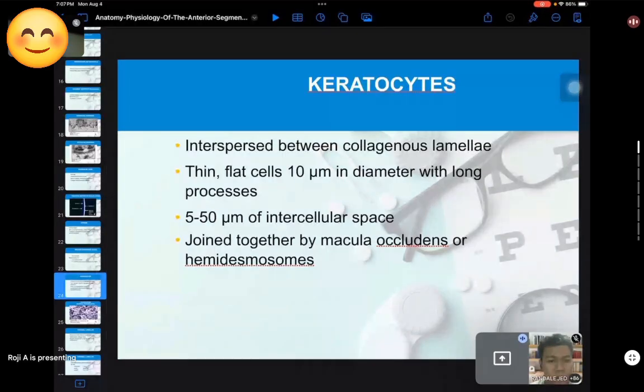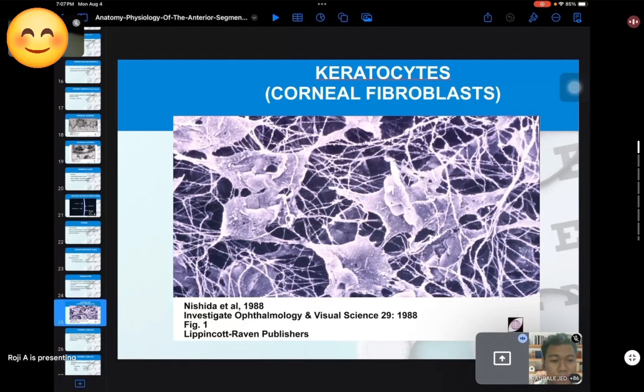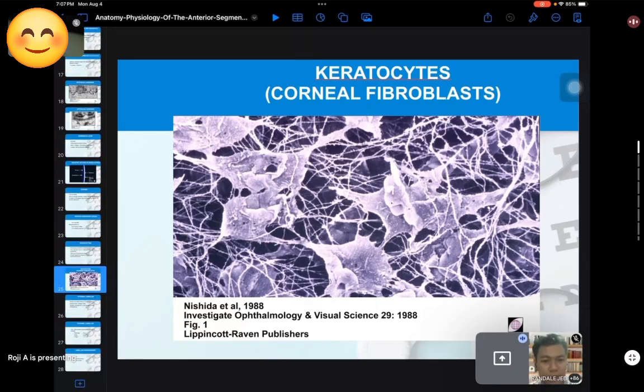What's the other term for keratocytes, Randall? Fibroblasts. Okay? All right. So what is fibroblast? Keratocytes. Okay? Are we clear so far? Randall, we're good?